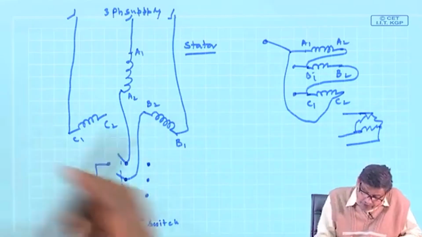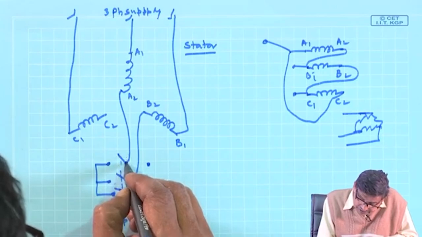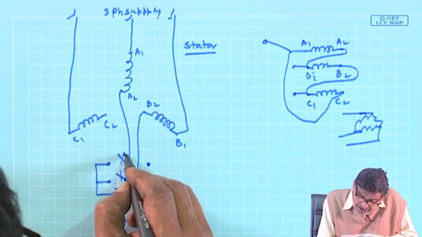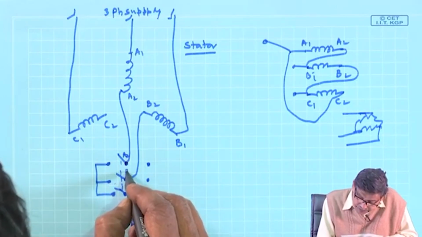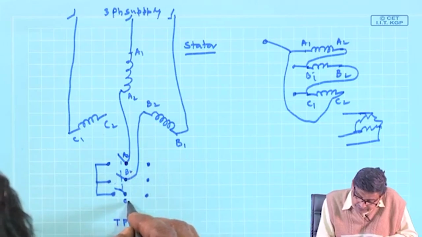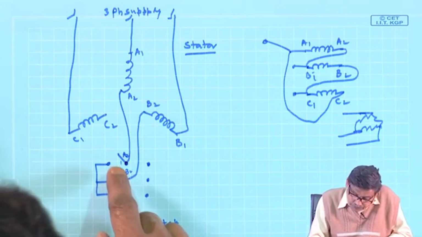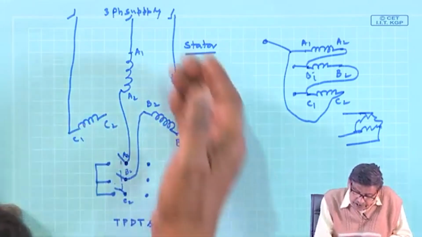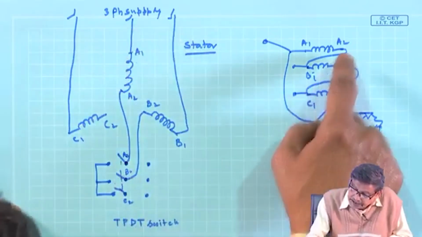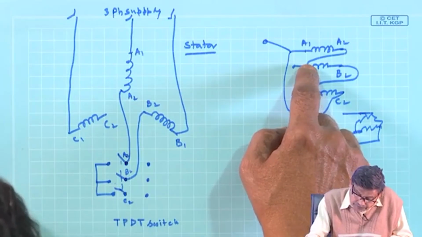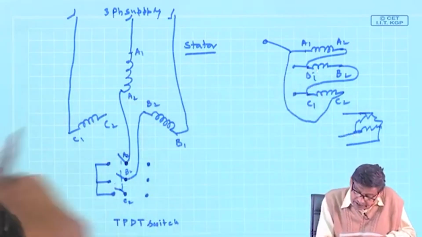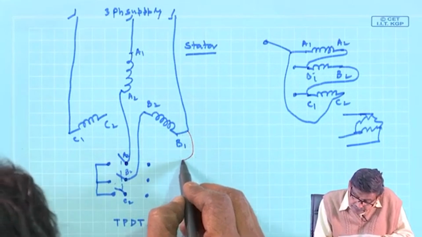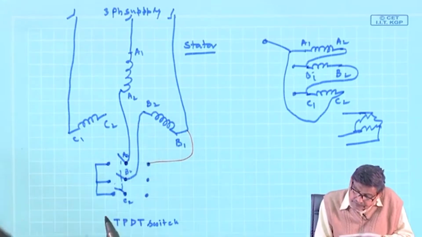See, these points are the middle points. I have brought A2 here, B2 there and C2 there. Now, I know what I have to do. If I want to connect it on this side to make it a delta connection, then A2 should be connected to B1. So I will do this wiring, A2 to B1.